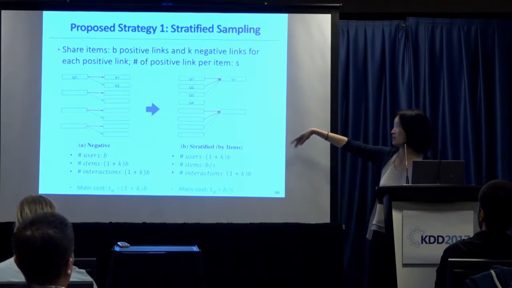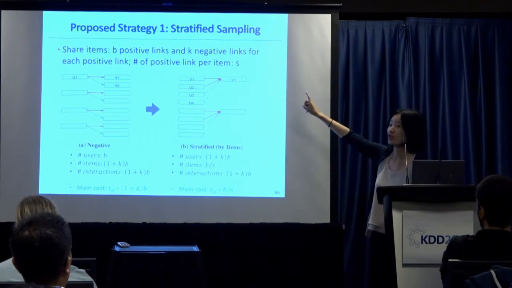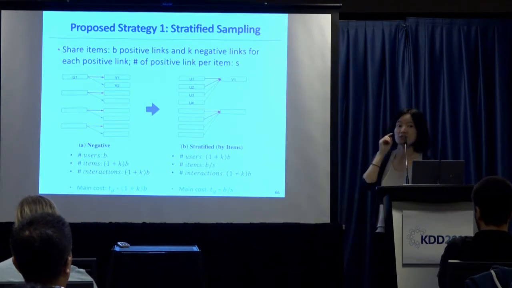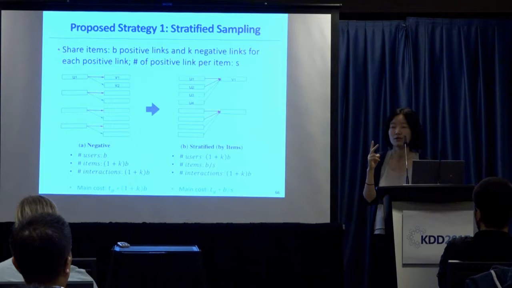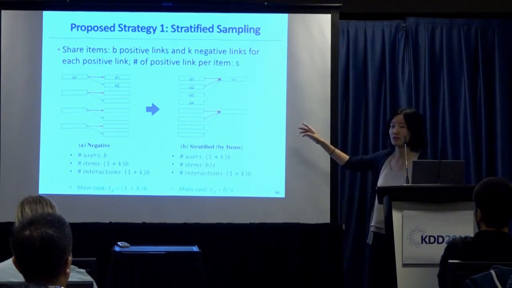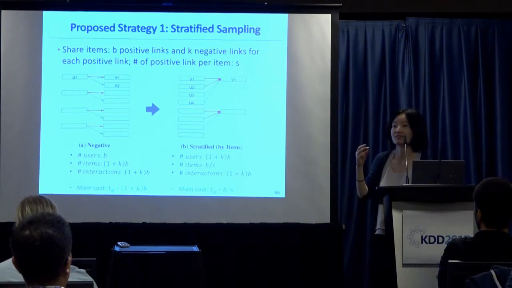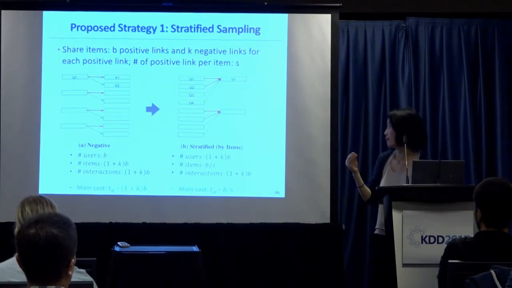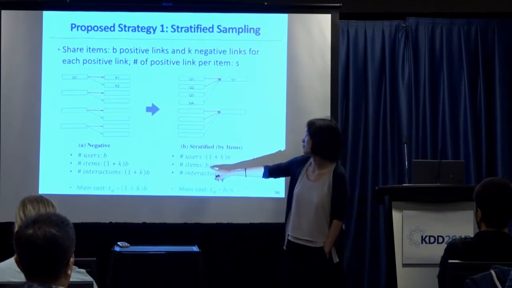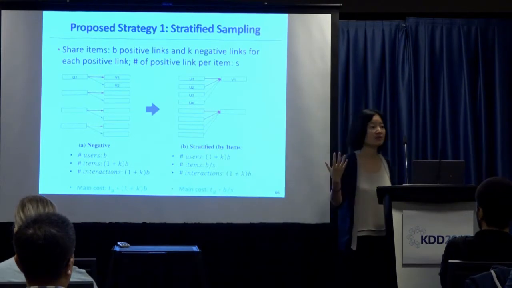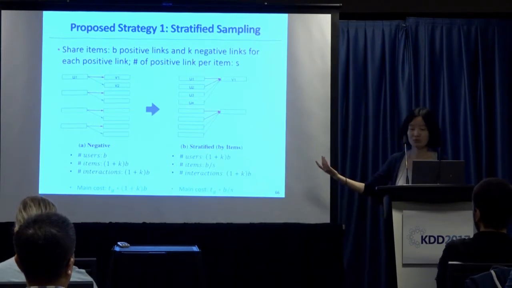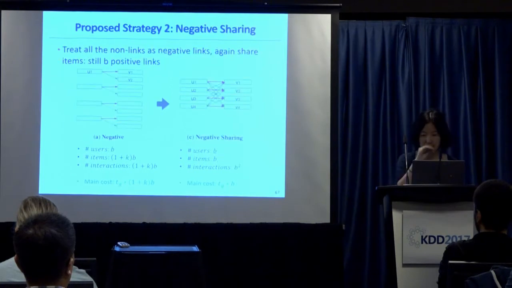Essentially, we have B positive links, but for each item here we have S positive links. So here there are 4 red links, and for each item there are 2 red links, so we only need 2 items. In the general case, it's going to be B divided by S. That's the number of items required. Compare this B divided by S and 1 plus K times B. That will be an easy speed up because we just need that tiny number of items.